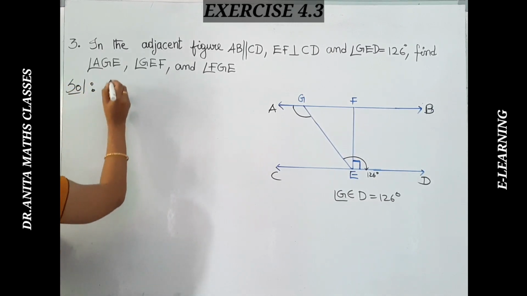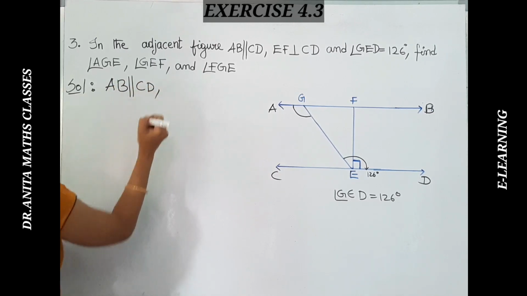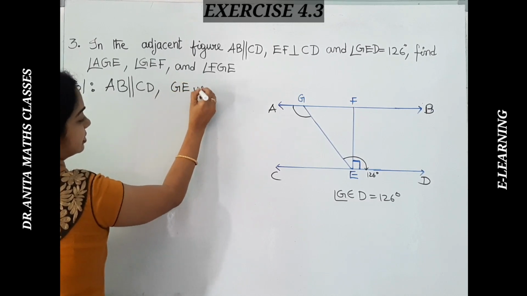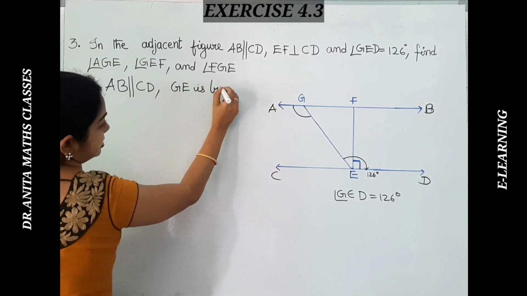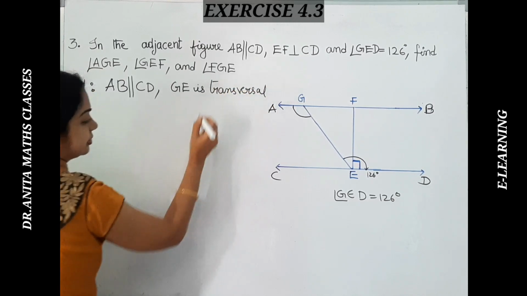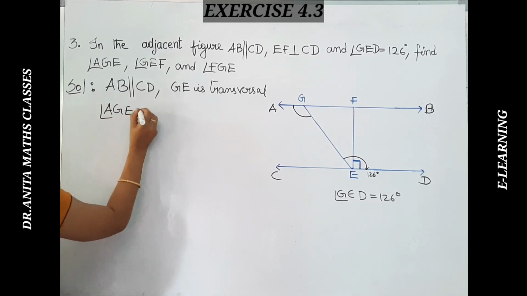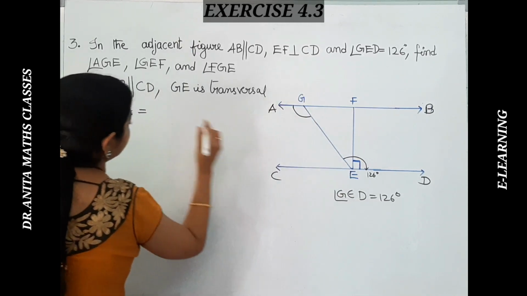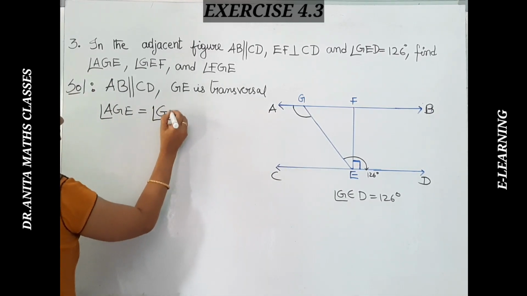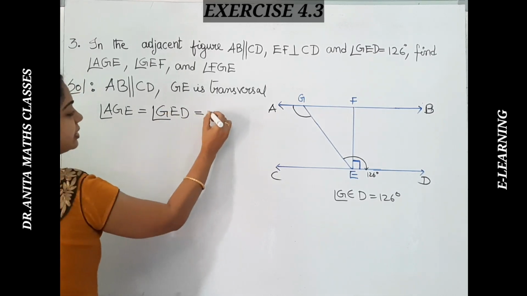So here, AB is parallel to CD, right? And the line GE is the transversal. Then we have angle AGE equal to angle GED. Given angle GED is 126 degrees.